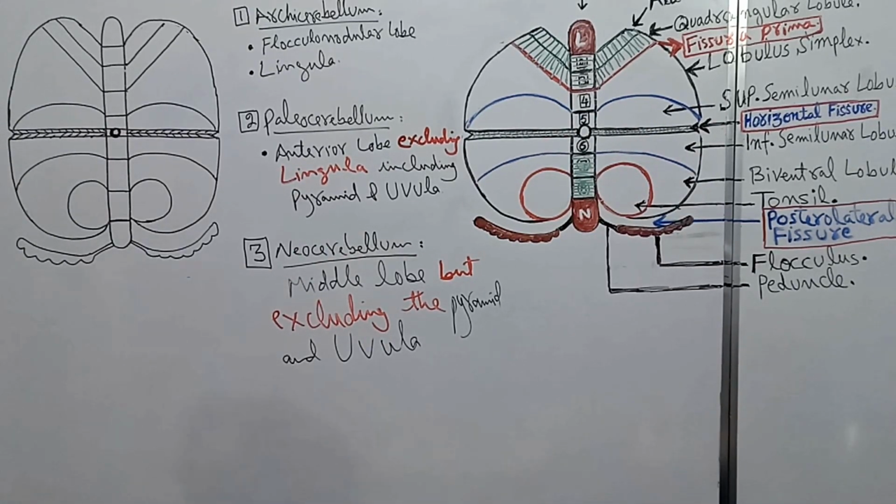So developmentally, we have archicerebellum, paleocerebellum, and neocerebellum. Now, why are they known by these names? Suppose you want to construct a three-story building.